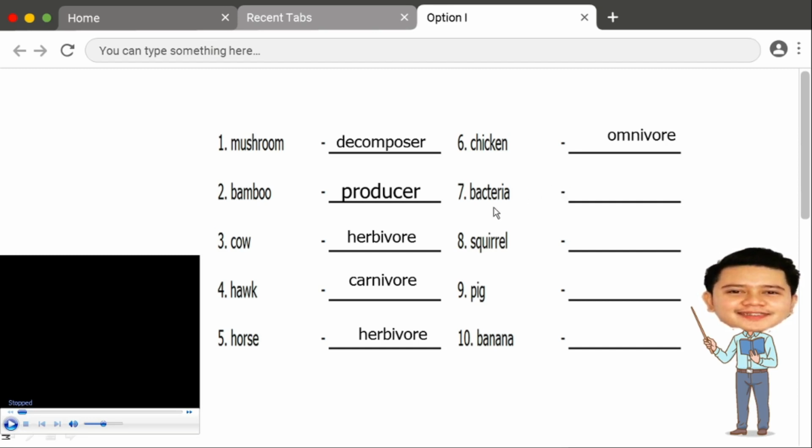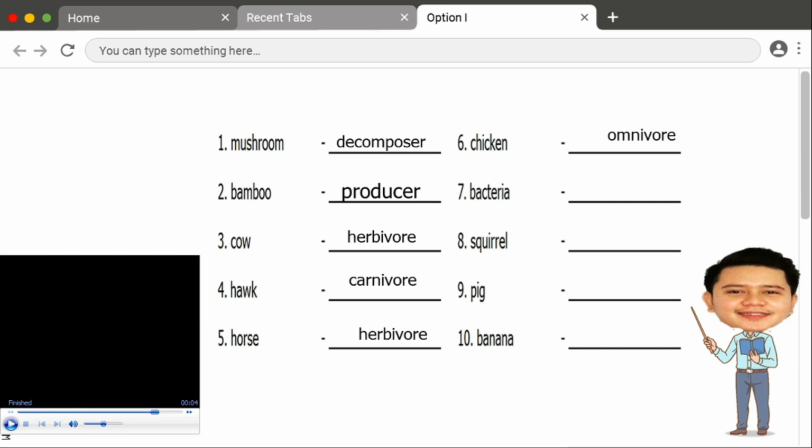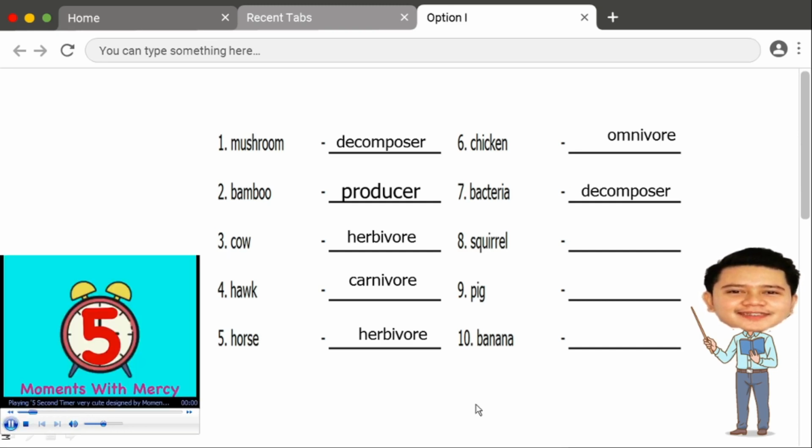Next, bacteria. What is it? Alright, bacteria is an example of a decomposer. Next, a squirrel. What kind of animal is it? 5 seconds.